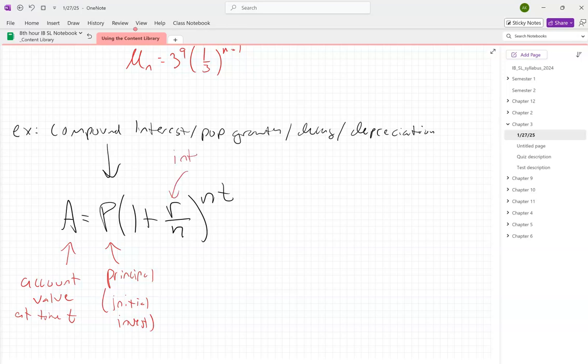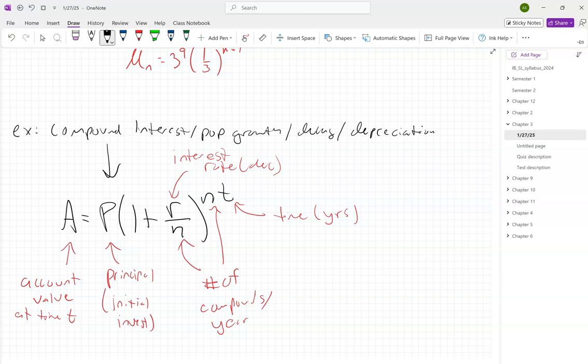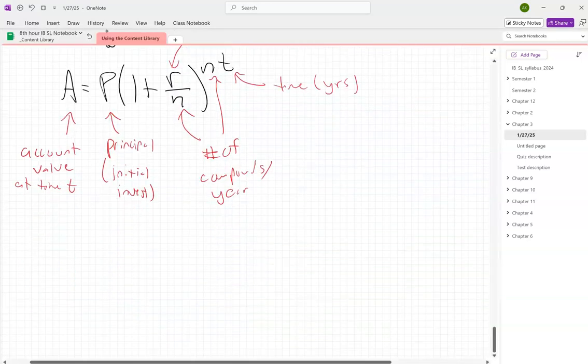R is your interest rate as a decimal. N is the number of compounds per year. And then T is time, typically in years.